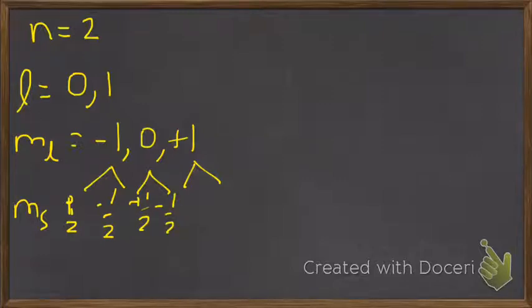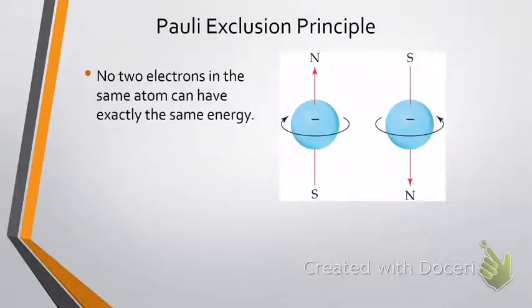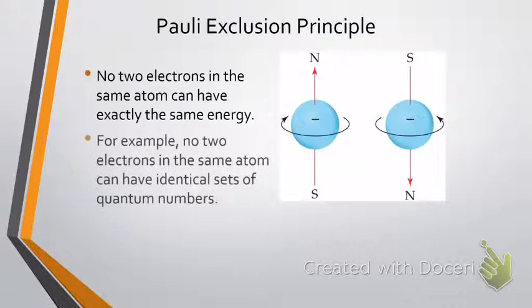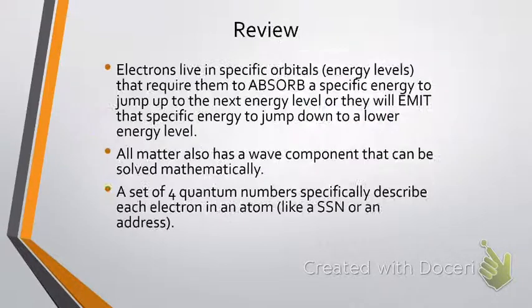The positive 1 m sub l could have one with the spin of plus 1/2 and one with the spin of minus 1/2. So no two electrons in the same atom can have identical sets of quantum numbers.